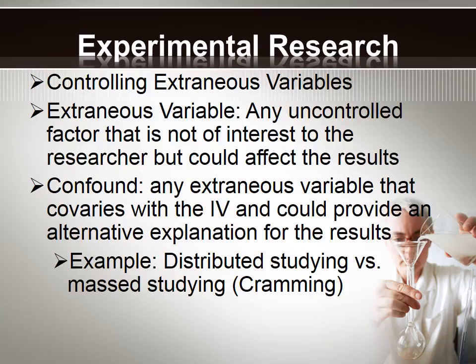So in our little experiment with the subject variables, where we have the males and the females, another confound might be the alternative explanation for the results, assuming that the men could handle their liquor better than the women.